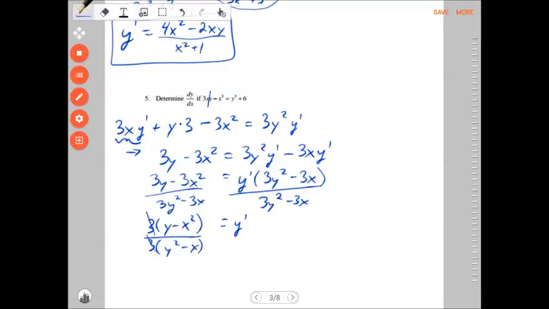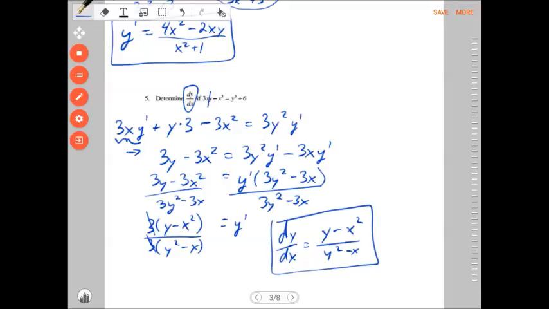And then the 3's cancel, so you can kind of see how that division thing works. And remember, it did specifically ask for dy/dx, so I guess we should do that. So dy/dx, which remember is the same as y prime, equals y minus x squared over y squared minus x. So there you have that.